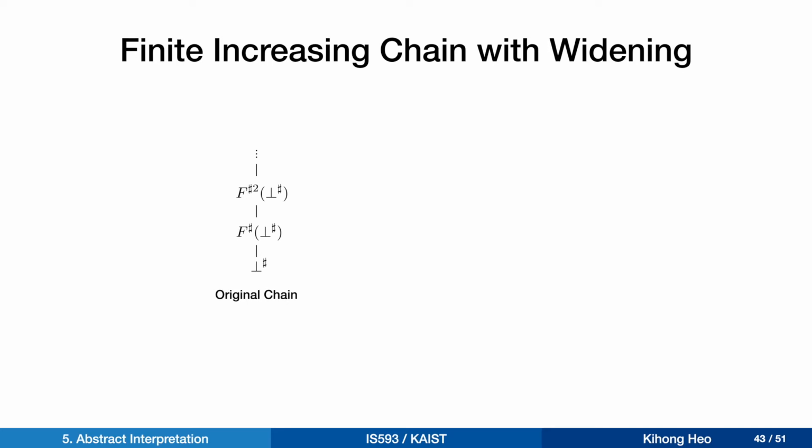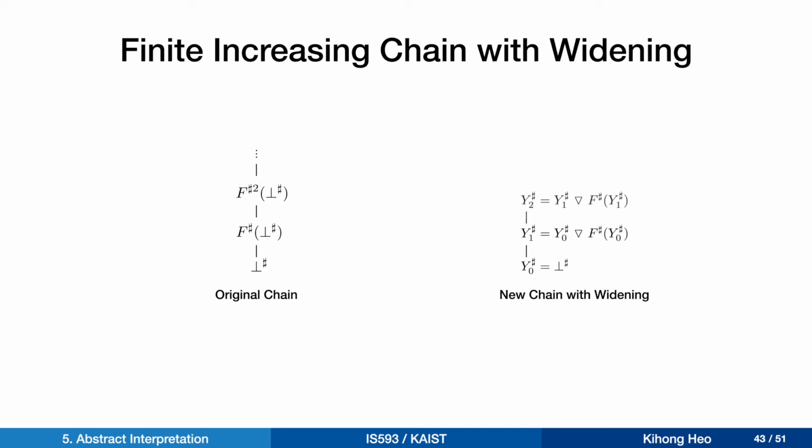Suppose there exists the original chain by the semantic function f sharp. This will be infinitely long. The new chain with widening is defined as follows. The first element will be the bottom, and the next element is defined as a widening result of y0 and f of y0.